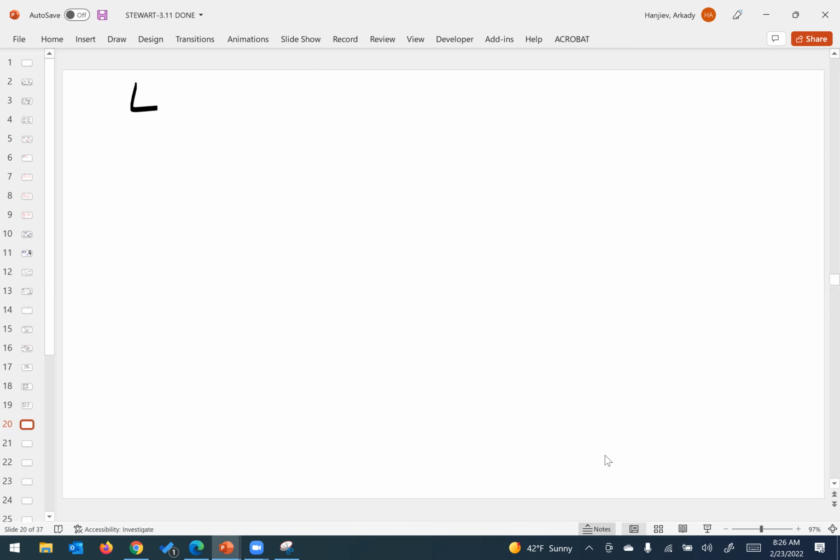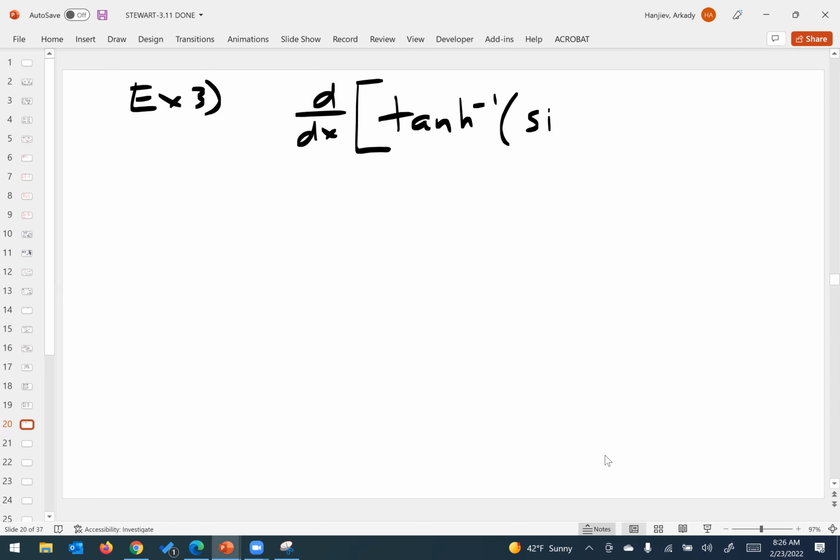This is example 3, last example of the day. So the question is, can we find the derivative? And of course, I'm going to just throw a whole bunch of trig functions at you. Find the derivative of inverse hyperbolic tangent of sine of x.